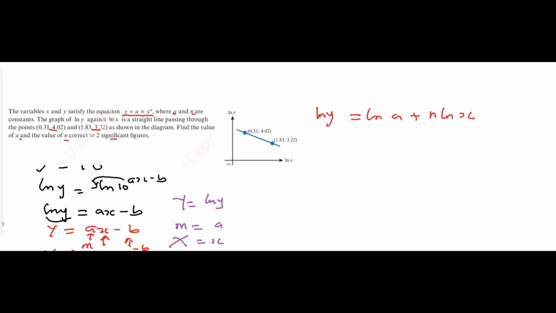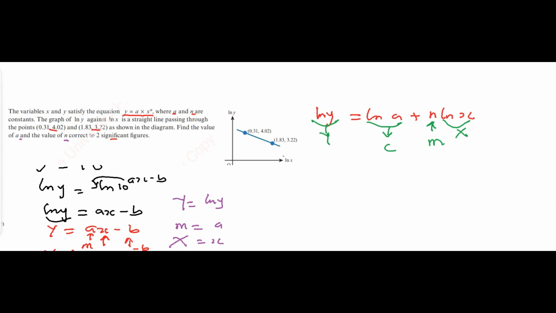So from this transformation, this will now be my capital letter Y, this will be my c constant, this will be my gradient, and this will be my x. Okay, for me to find a and n, I can just try to know the value at each of these points. Let me make this one to be my C, and this N to be my M. Let me just work with it from this graph.